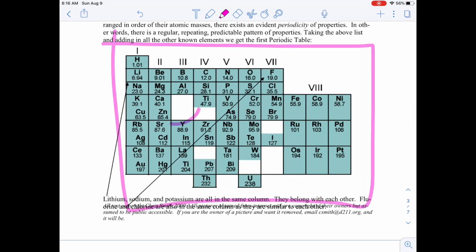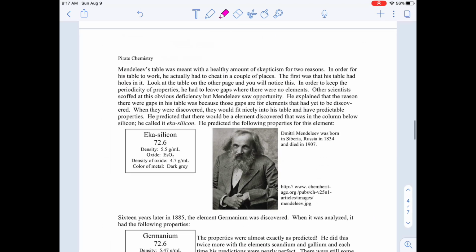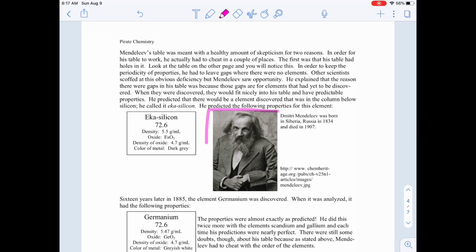Now, you'll notice there are big gaps. There were big gaps when we were playing with the magnetiles. However, he was able to predict what was going to go there based on the periodicity of properties, those repeating patterns that he had found. There he is. It's my man, Mendeleev.